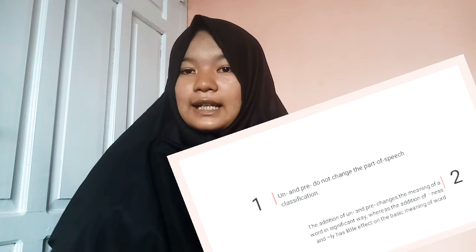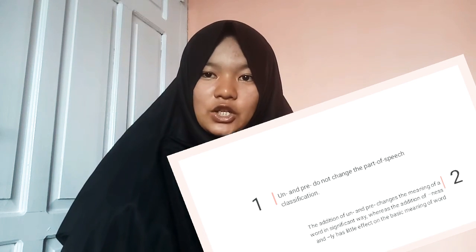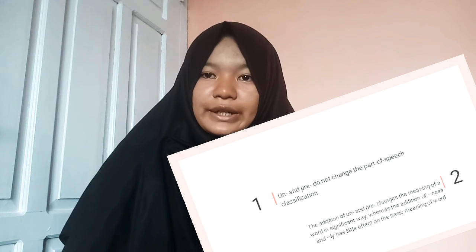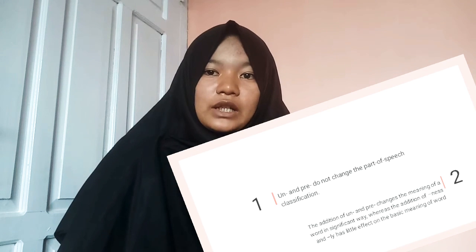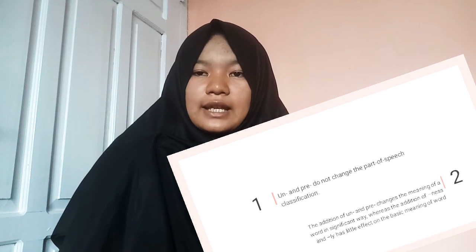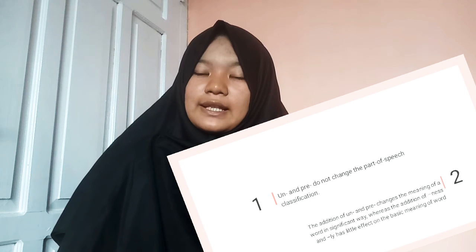First, an and pre do not change the part of speech classification. Second, the addition of an and pre changes the meaning of a word in a significant way, whereas the addition of ness and ly has little effect on the basic meaning of words.